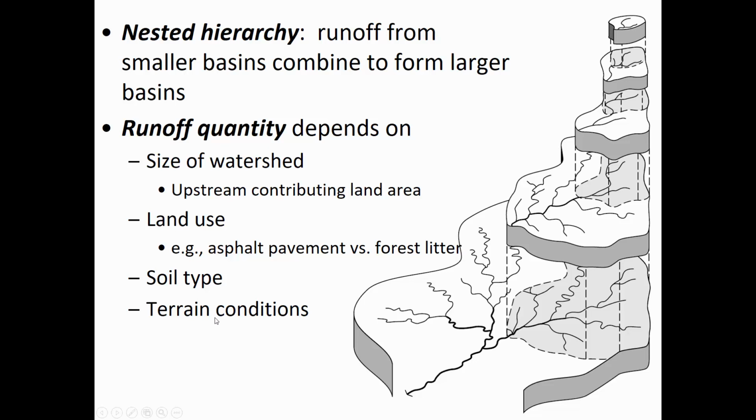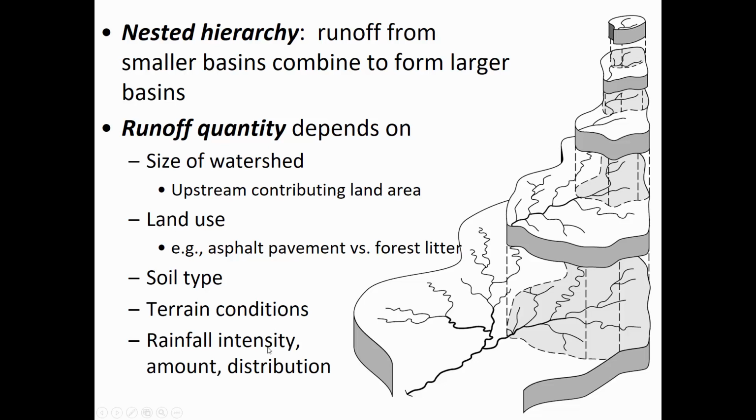The terrain conditions also contribute to runoff because remember that when we looked at the table of C values, the slope of the land is going to have an effect on how quickly the water can move over the surface and how much of it infiltrates. And here in West Virginia, since it's so hilly, with some of the watersheds being more than 50% slope, that just lends itself to what's often described as flashy behavior, meaning that the water concentrates really quickly.